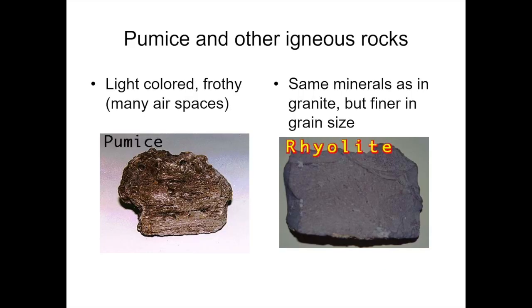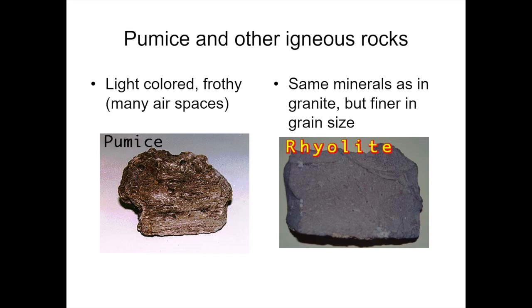Another common igneous rock would be pumice, probably a very famous igneous rock, as this is what buried the cities of Herculaneum and Pompeii, covered with the ash and pumice from the erupting Mount Vesuvius. Another igneous rock, again, similar materials as granite, that would be rhyolite.